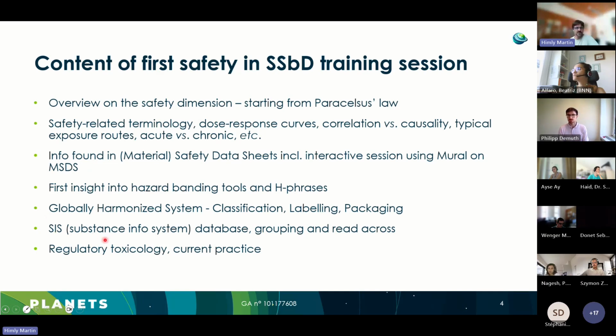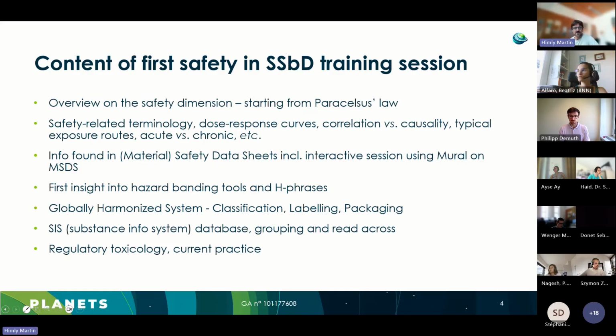Susan from TNO then introduced us to SIS, the Substance Information System database, and also to some grouping and read-across, not of course in too much detail, as we did not have the time for that here. Finally, James from BASF gave us insight into regulatory toxicology and current practice in industry.